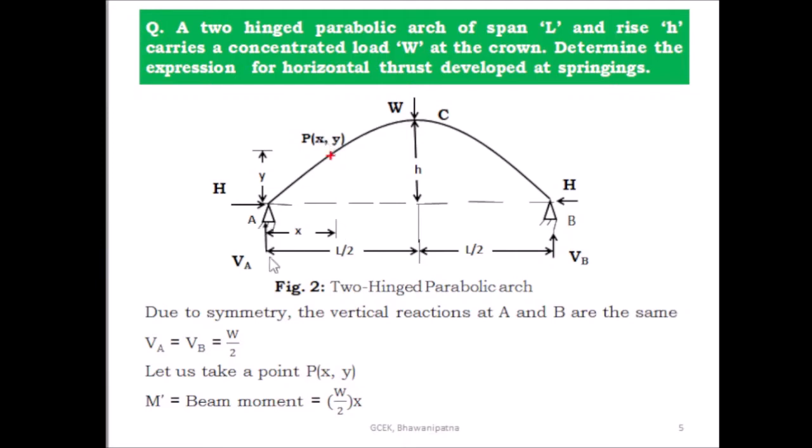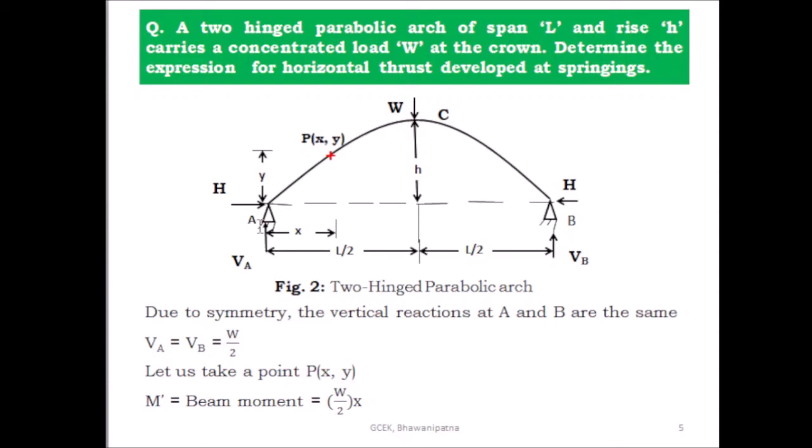Since the vertical reaction at A is W/2 and the vertical reaction at B is W/2, you can find the bending moment at the point P from the vertical reactions.